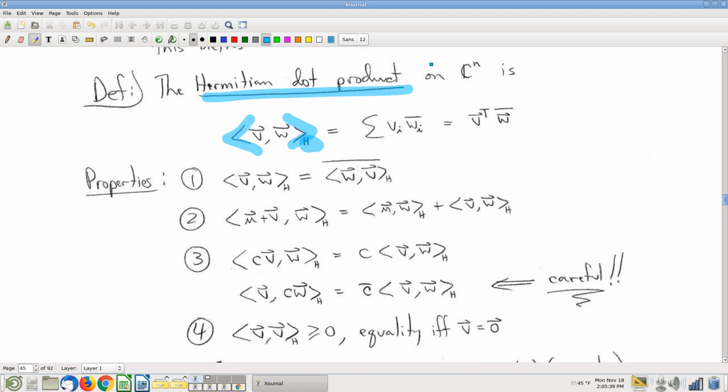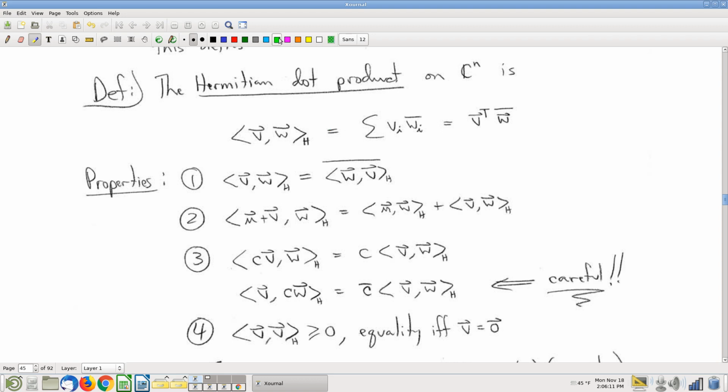That's on purpose. So it's just notation. Notice also the little subscript of capital H. That's our little clue that, hey, this is not a regular real inner product. This is the Hermitian dot product. This is a dot product designed for Cn, not for Rn. Right. Okay. And here's the formula.